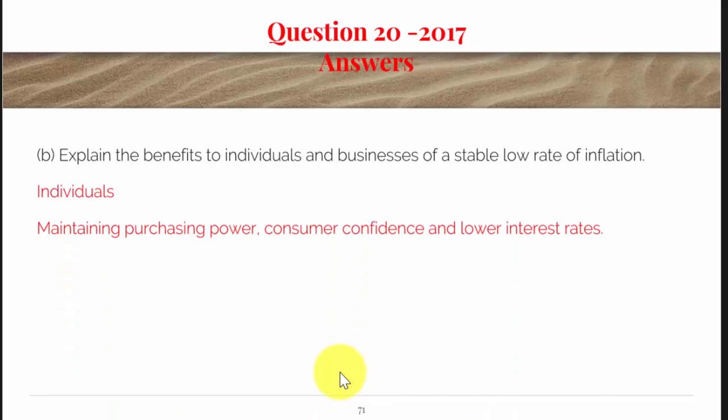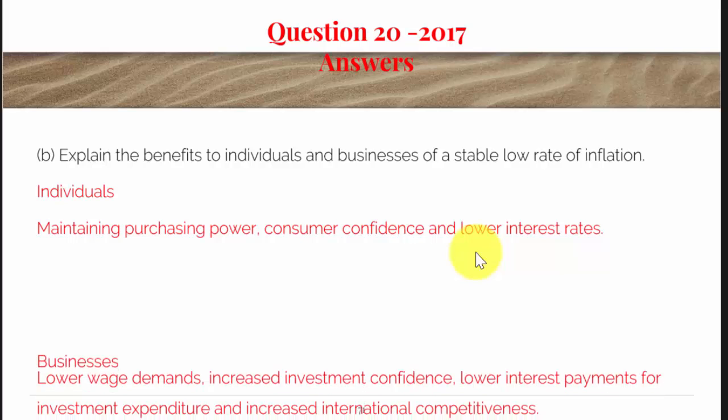Right? So the benefits for individuals in this instance will be they maintain the purchasing power, they're more confident about spending, and lower inflation usually means lower interest rates. So that means mortgage payments will be less, they may be more willing to take out other loans, and so on.